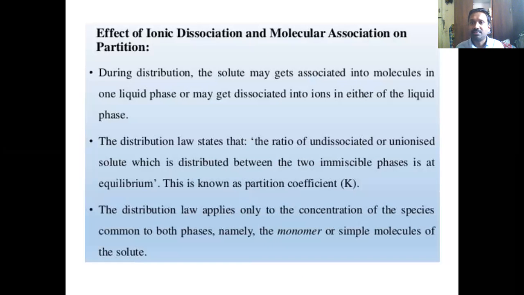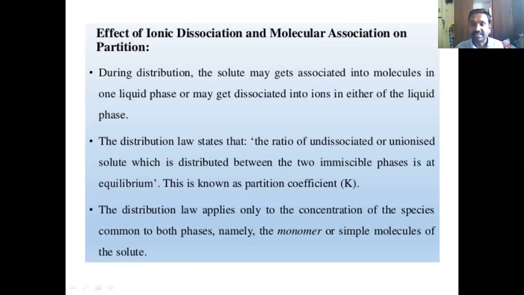What have we discussed? I have just put in the points. During distribution, a solute can undergo dissociation or association. But please note that to use the distribution law and get the correct answer, you should take the concentration of the undissociated species in the layers.